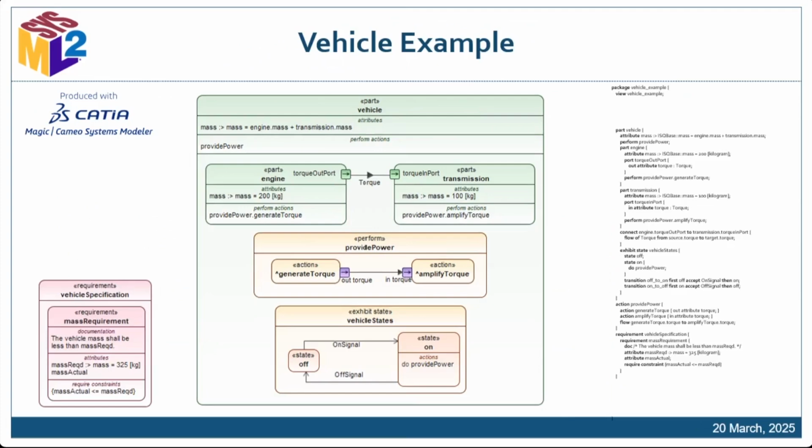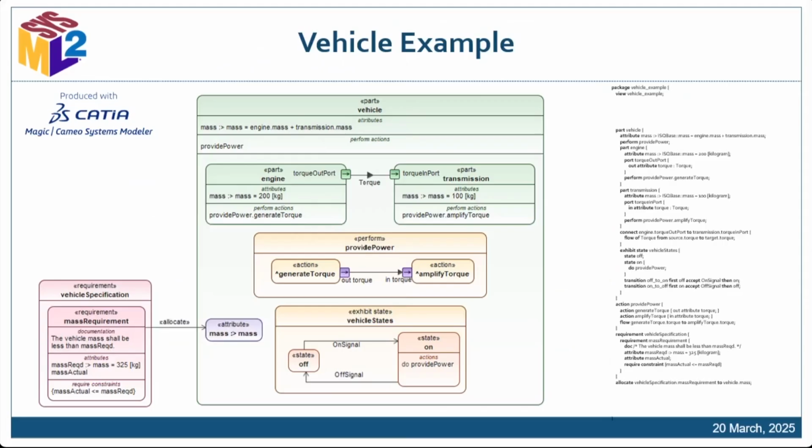And that can be checked against an actual value. So you can run a check against this requirement and see whether you pass or fail it. Contrast that with a text requirement, where you can't do that. This gives you a formal way to specify the requirement. In addition to your text statement, you can actually put in a formal constraint expression that gets evaluated.